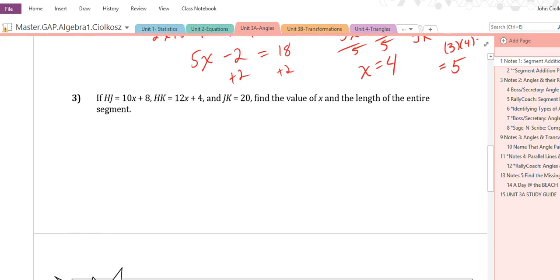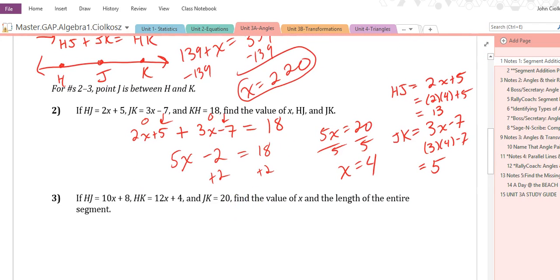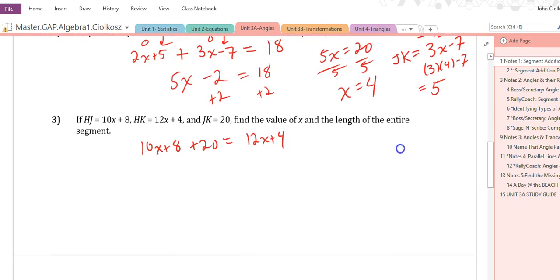Here, same concept, we're just plugging in, so we have HJ, 10x plus 8, JK is 20, and HK, 12x plus 4. So this would give me 10x plus 28.